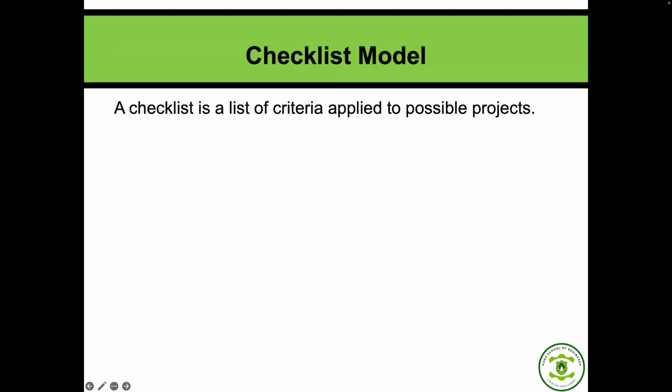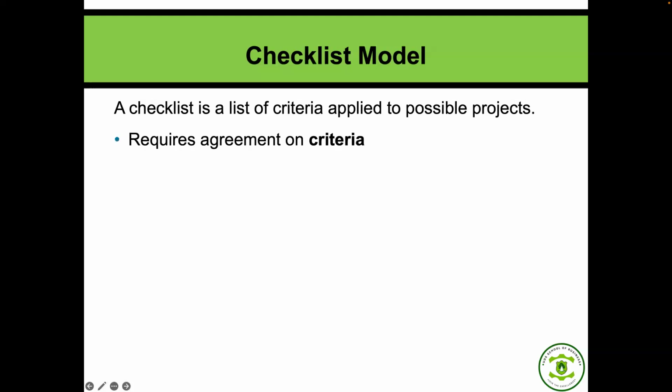How does it work? All the stakeholders in the organization would agree on the criteria which they would use to screen projects. Then this checklist will be provided to team members to just check: has a project got A, B, or C? As long as we have all agreed, it's just a matter of ticking the boxes to see whether the right things are there. So it requires an agreed criteria.